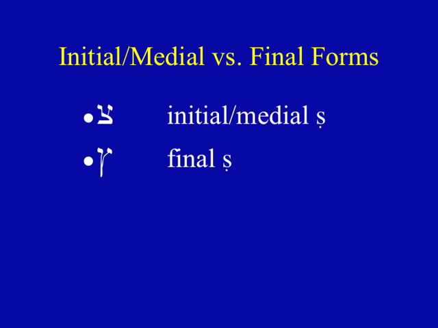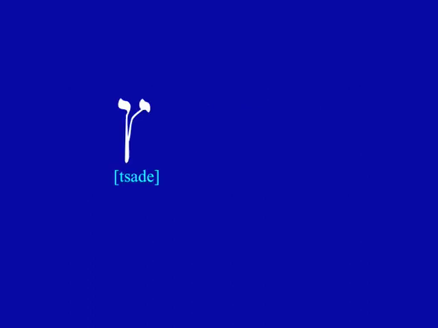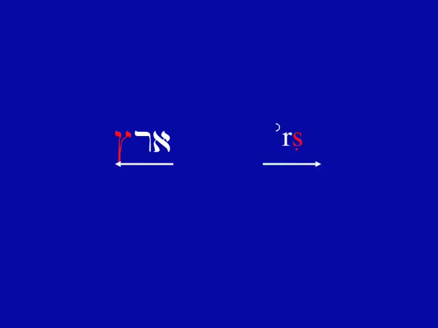And you can see that's how you wind up with the final form of Tsade. So, eretz, Hebrew word for land, eretz. That Tsade comes at the end of the word, so it's written with its final form.